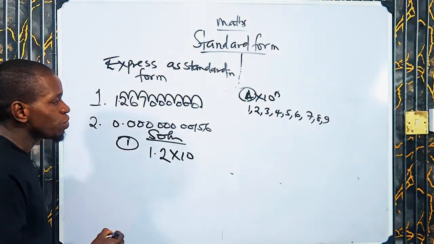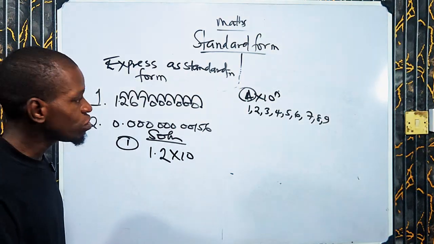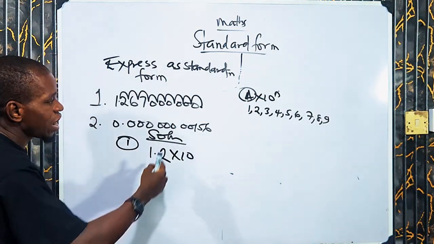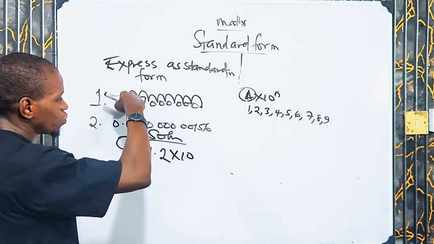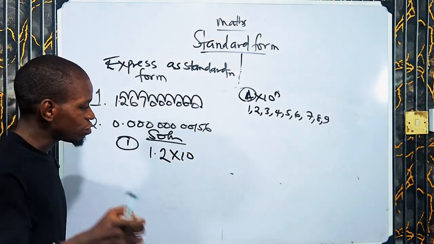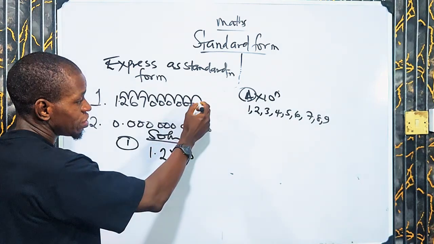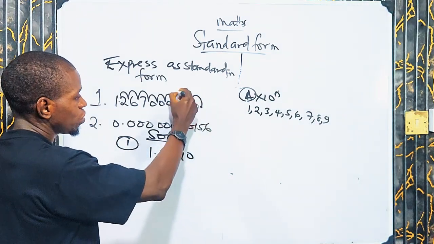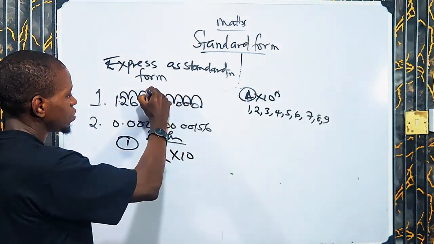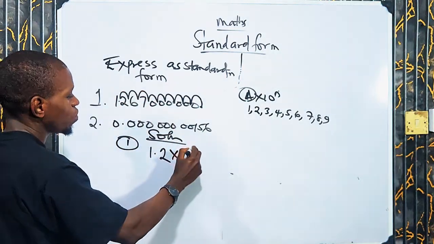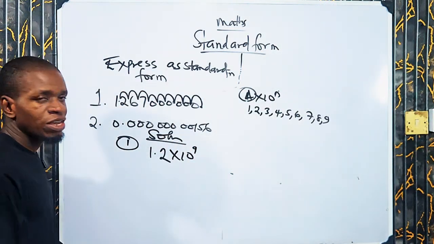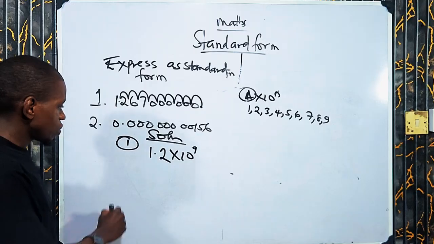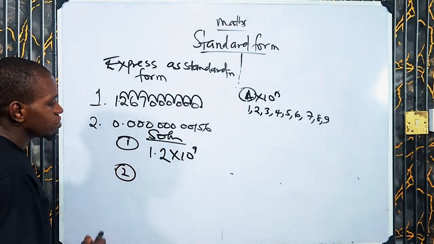Is the power going to be positive or negative? Since I moved from back to front, it is going to be positive. How many times did we move? 1, 2, 3, 4, 5, 6, 7, 8, 9. So we moved 9 times, so we have it as 9. Okay. So look at the second question.